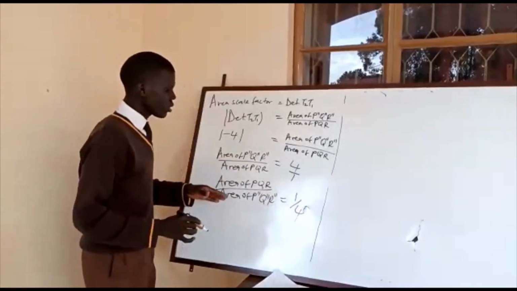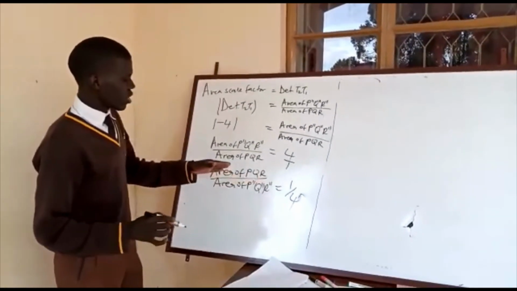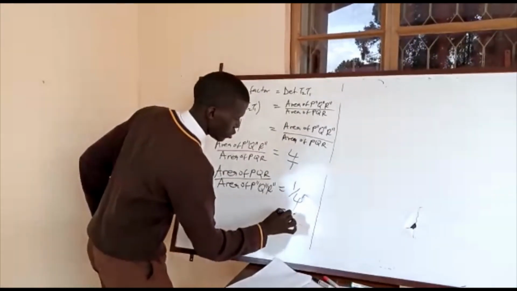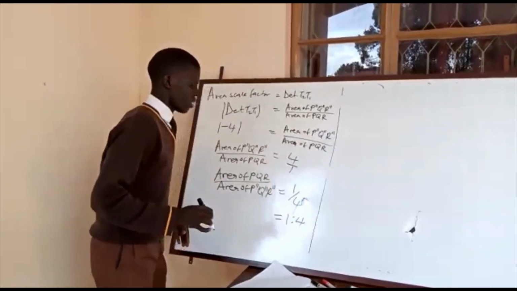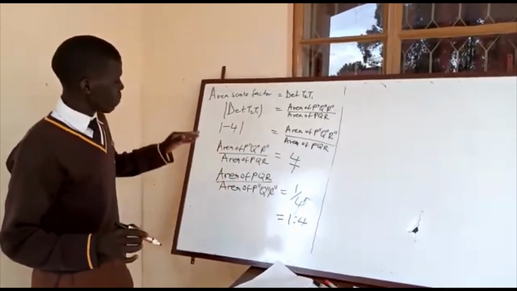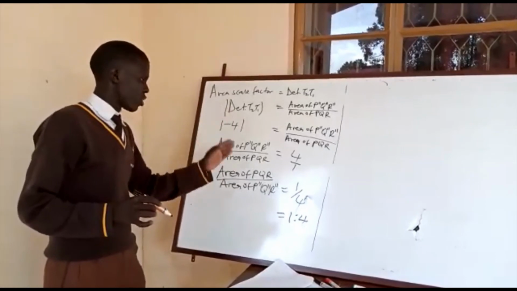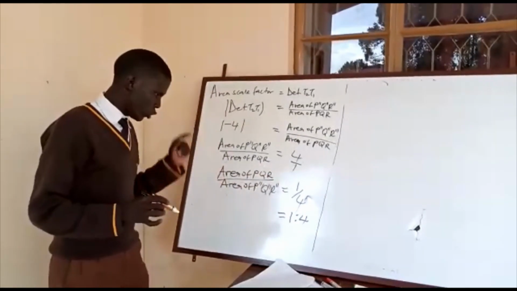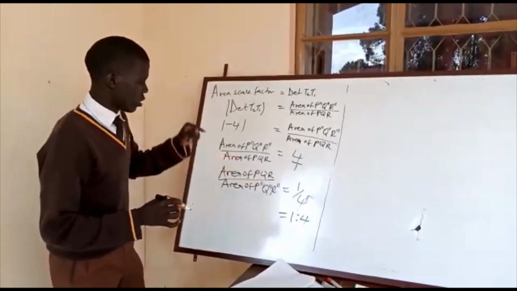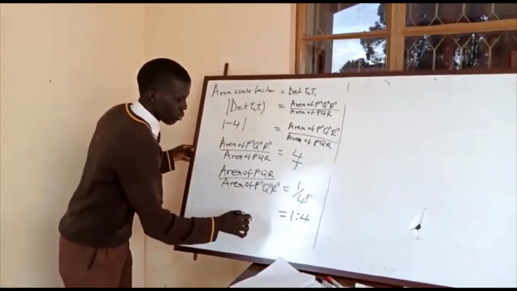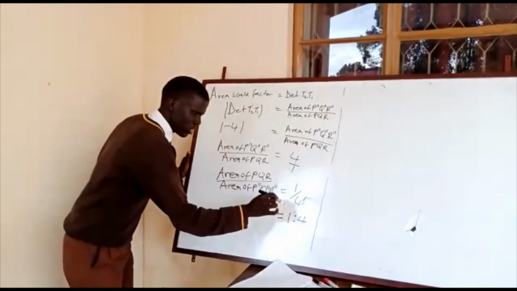Expressing it in ratio form, this is 1 to 4. Therefore, I conclude that the ratio of the area of triangle PQR to the area of triangle P double prime, Q double prime, R double prime is equal to 1 to 4.